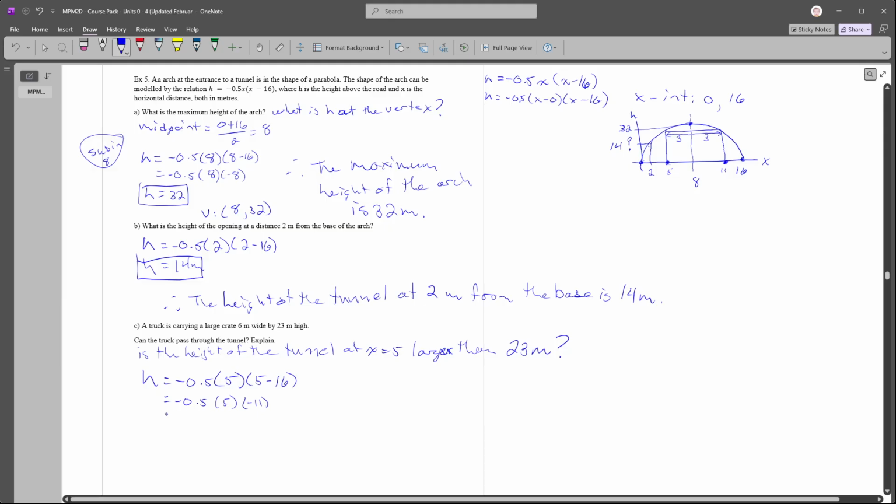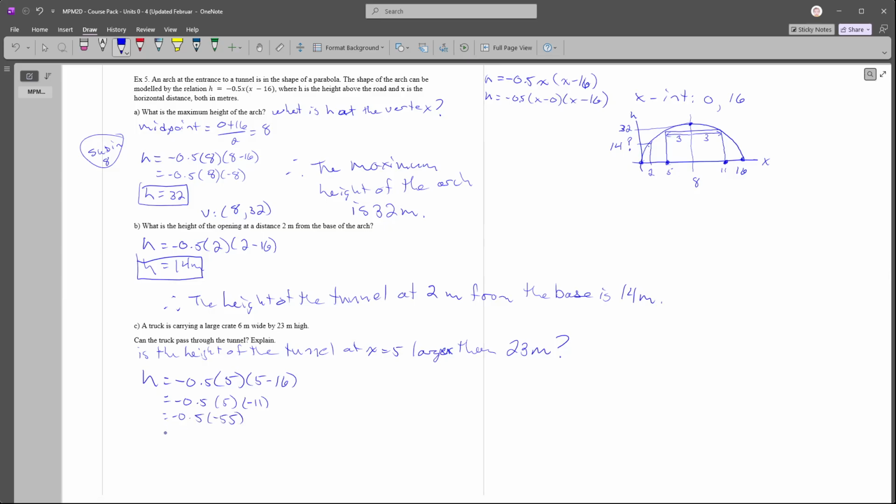And so that means we have negative 0.5 times negative 55. When you do that, you end up with 55 divided by 2, which is going to give you 27.5. H is equal to 27.5. So that means it's going to be 27.5 at 5 and at 11. So the question is, does that fit?